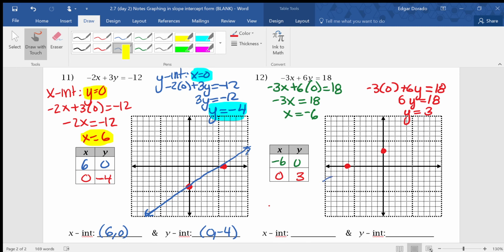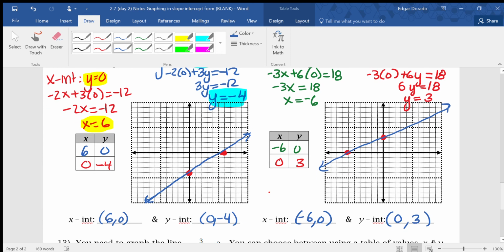So let's take a straight edge and, whoa, that was bad. Let's try it again. That was a little better. Okay, so just take a straight edge and draw your line through both of those points. Make sure you write your x and y intercepts in the following lines as well. So again, negative 6, comma, 0 and 0, comma, 3.